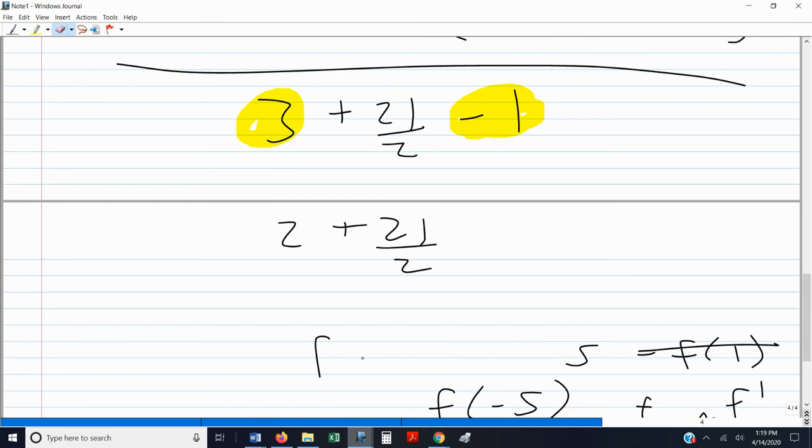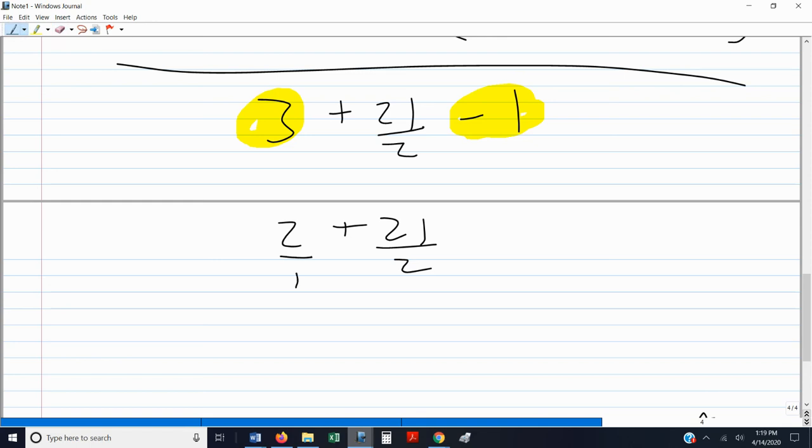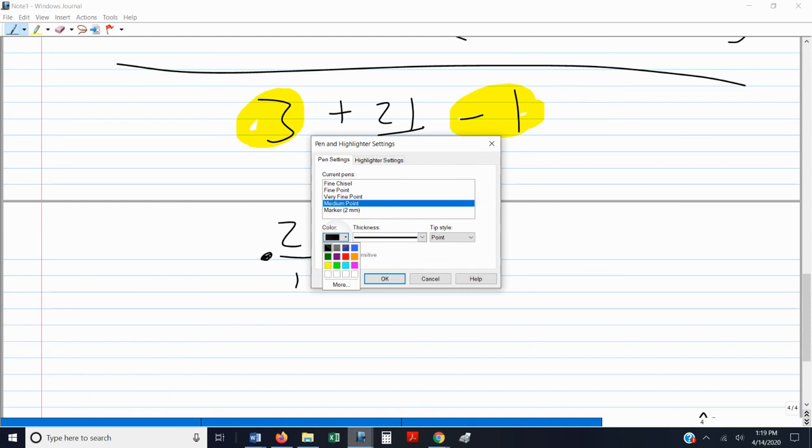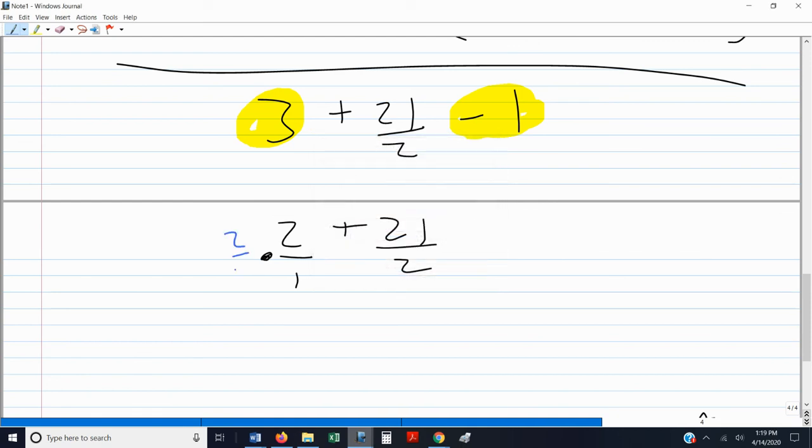Sorry, this is the previous work we had written. Then you would need a common denominator if you were going to keep going. So this is 2 over 1. Your common denominator would be 2. So you would multiply by 2 over 2 and get 4 over 2 plus 21 over 2 is 25 over 2. And that was the answer they listed.